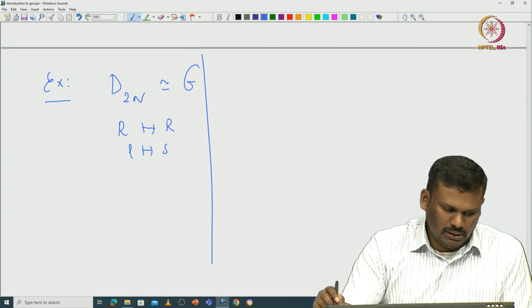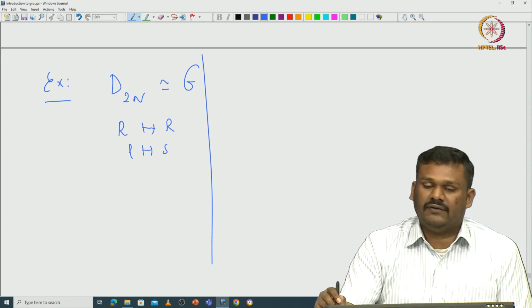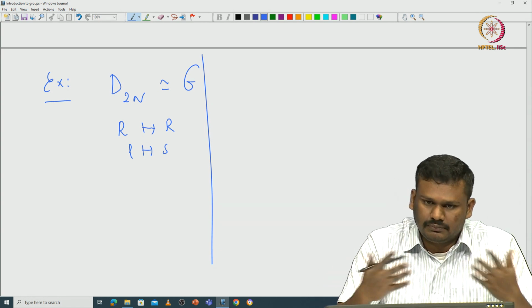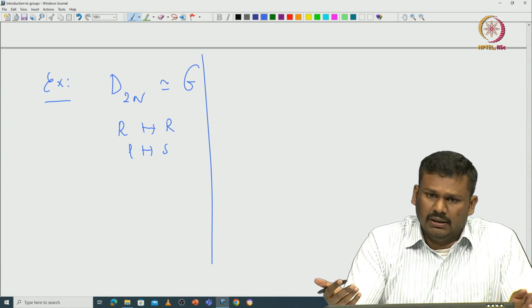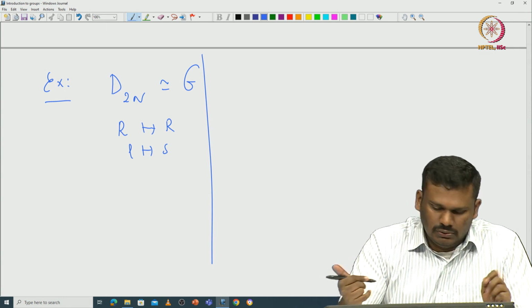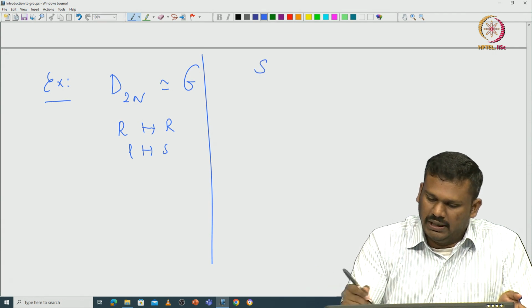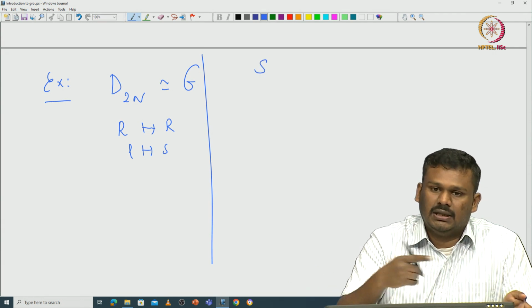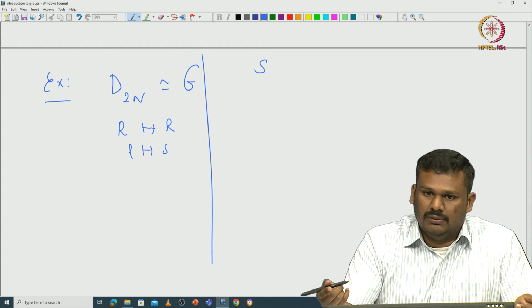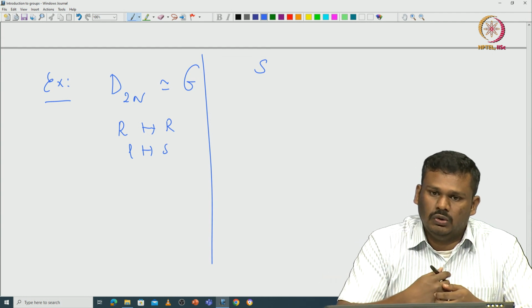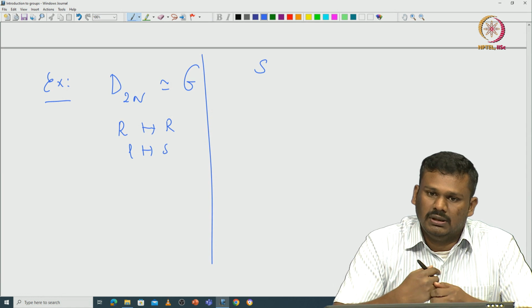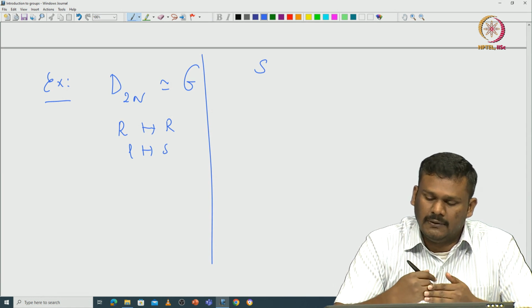But if you are really interested in identifying G as symmetries of some n-gon, then we need to fix this reflection S, okay. Since G is a subgroup of O of R2, each element of G is going to leave S1 invariant, okay.